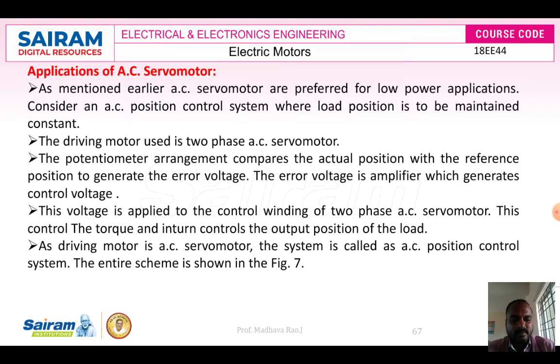Since the servo motor consists of two windings, controlled winding and reference winding, it is called a two-phase AC servo motor. The error voltage is amplified and generates a controlled voltage, which we apply to the controlled winding.